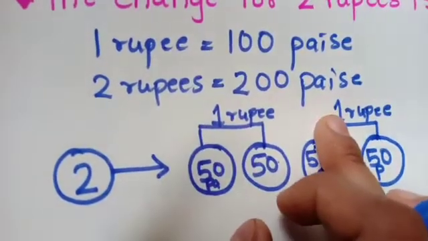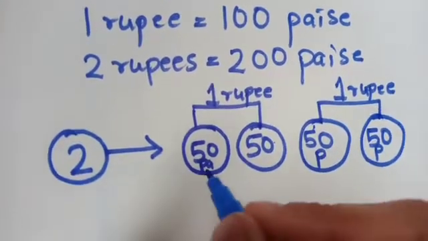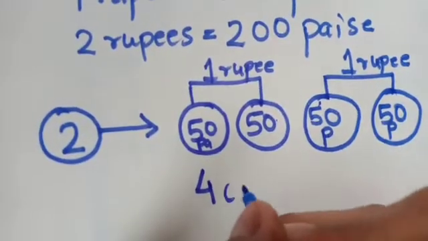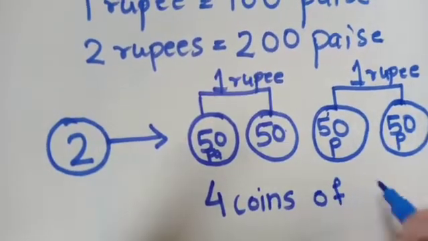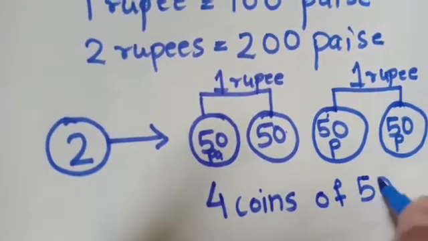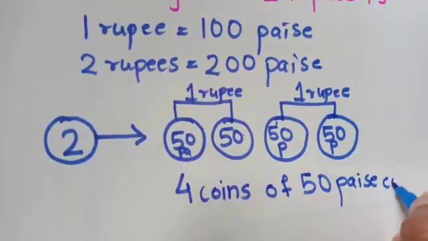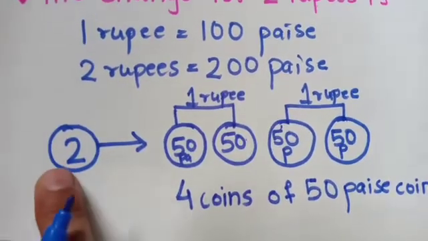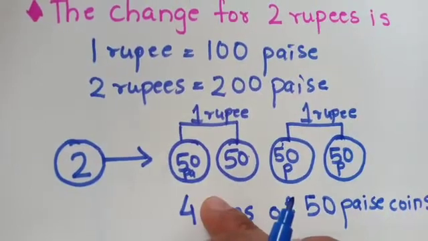And 1 plus 1 is 2 rupees. Therefore, for 2 rupees, we are giving 4 coins of 50 paise.